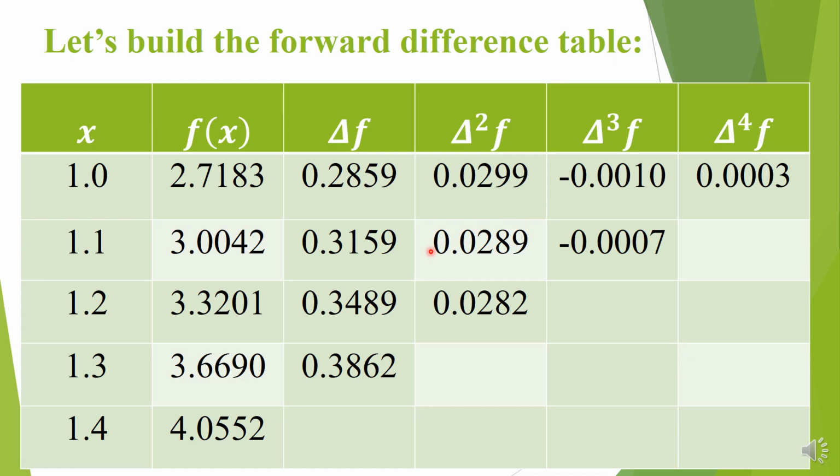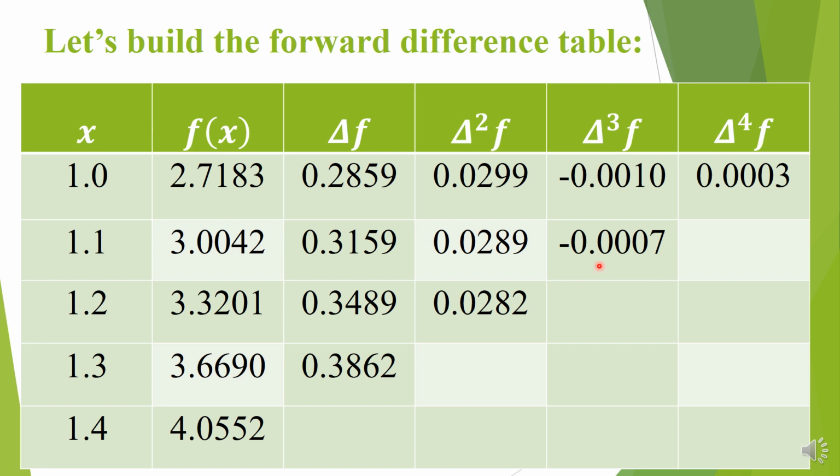Now you can see here this number is given, 0.0289, we will minus from these numbers. Then we get, first you write this number, then you write minus sign, then you write this number equal to this number.